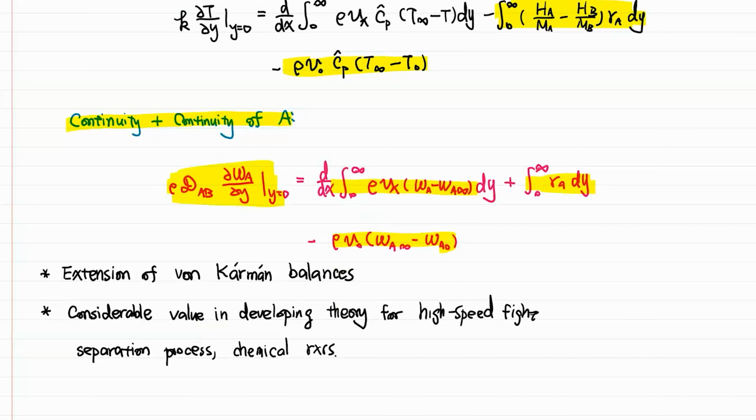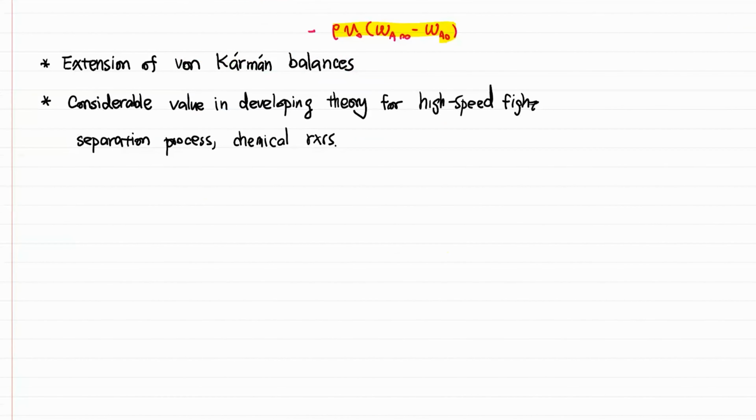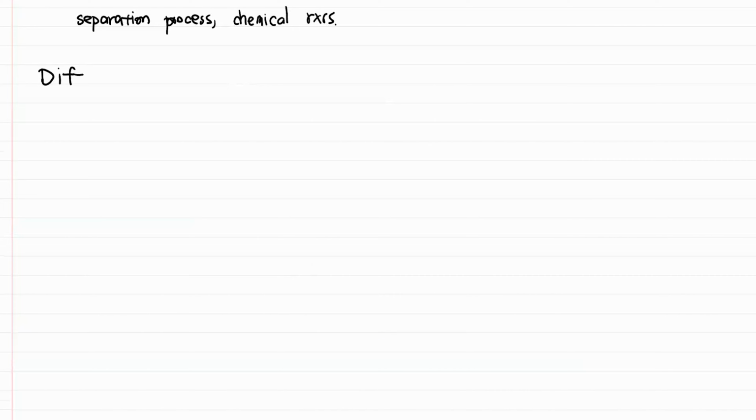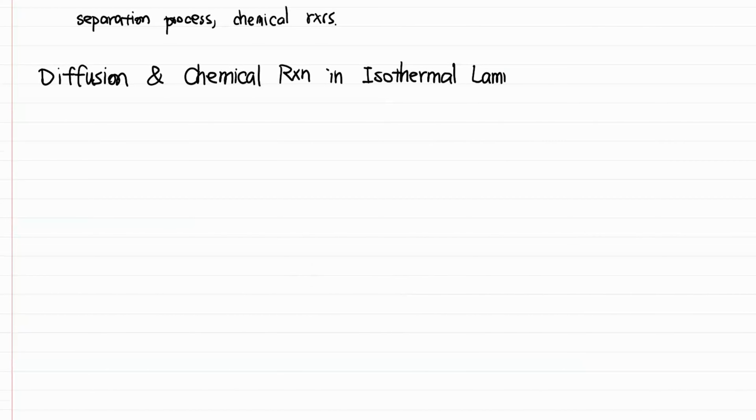Okay, so with these introduced, now let's come back to our very familiar example looking at diffusion and chemical reaction in isothermal laminar flow along a soluble flat plate.